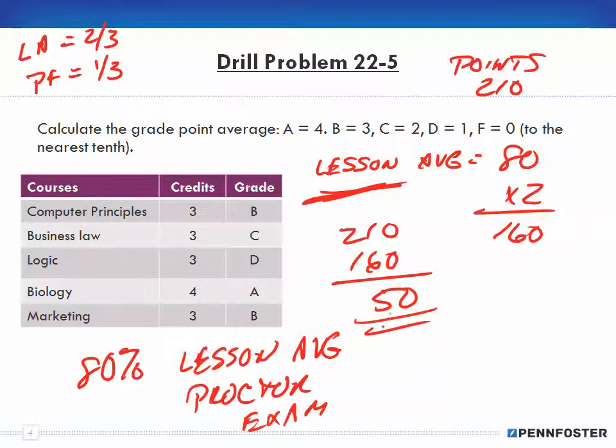And sure, on the proctor exam, it's a failing grade of 50, right? But even though it's failing, because I have a higher lesson average, I'm able to pass the subject. Now here's the rub. 80% of 80, right? 80 times 80% is a 64, or about, let's say, a 65.